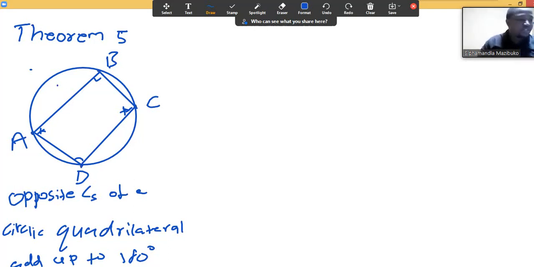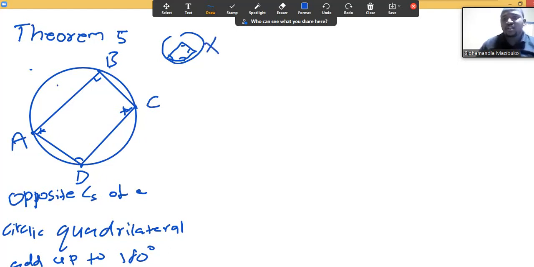So in a situation where you have something like this, and you add these two angles, they give you 180, and when you add these two angles they give you 180, but all your angles must be touching the circle. Otherwise this does not hold.